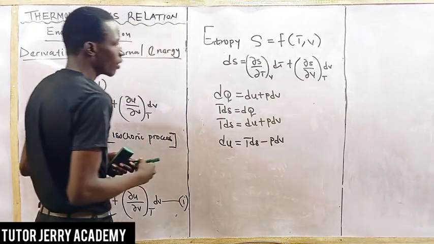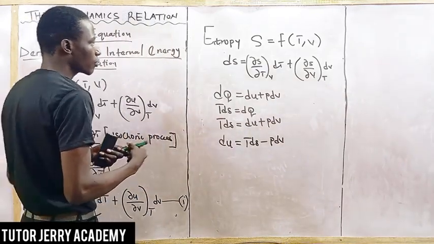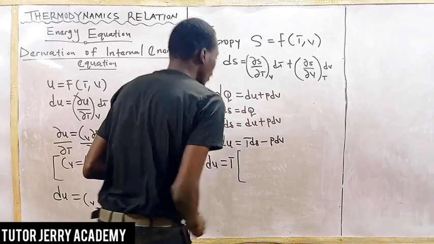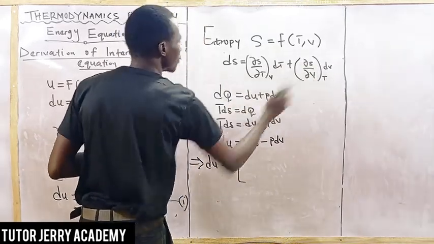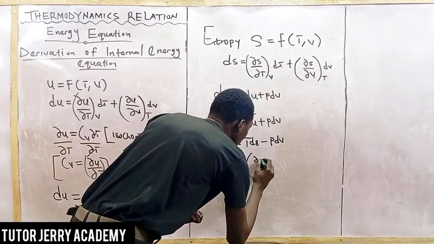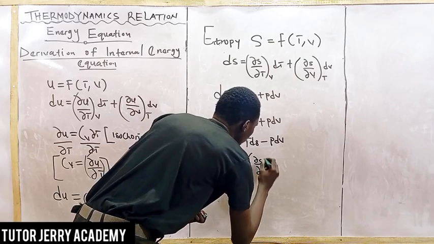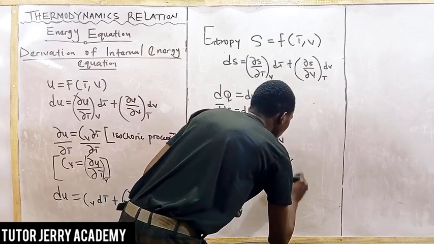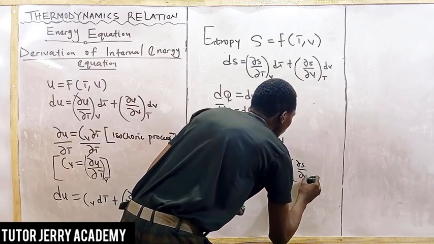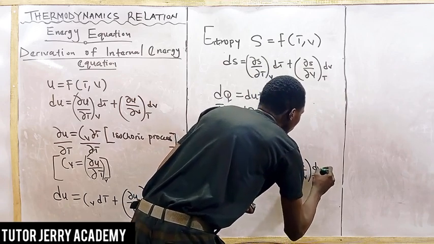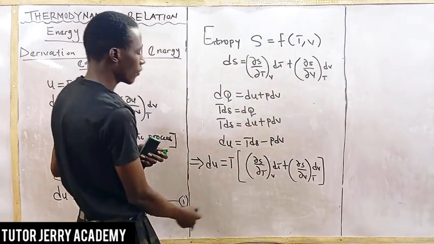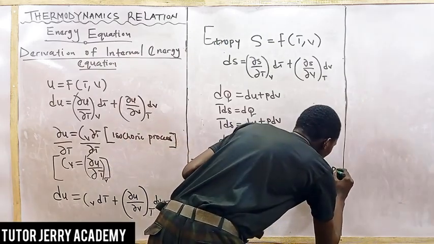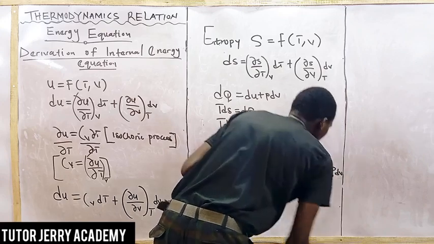If we do that, we have dU equal to T into the bracket of dS, which is this. We have just substituted the value of dS in this equation, and we put a minus P dV here.